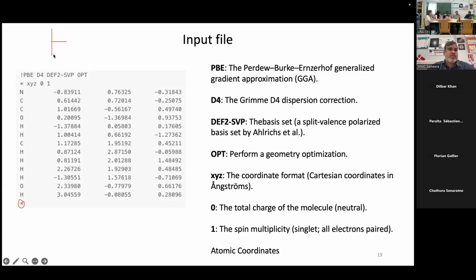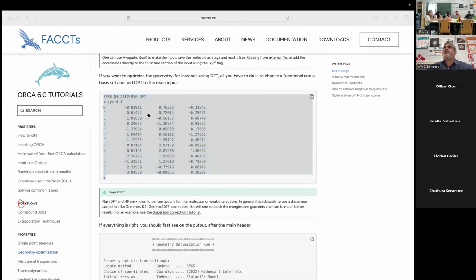Now you can simply run the computation. So I will try to do it with you. Okay, so I have to cancel this. Depending on the operating system you are using, the procedure may be different.